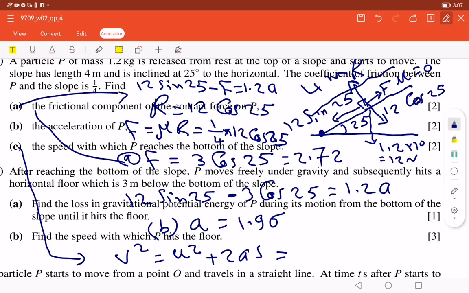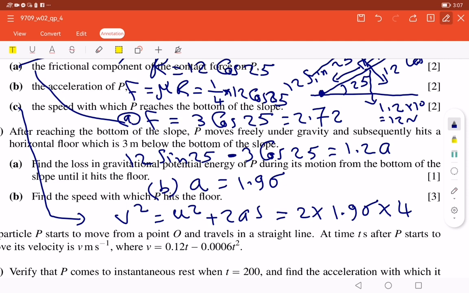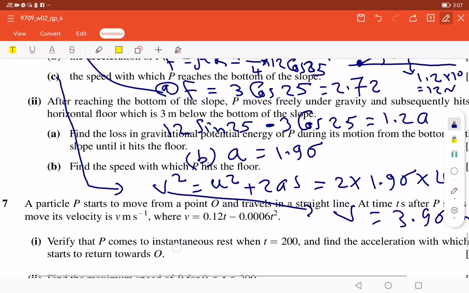So here V power 2 equals 2 multiplied by 1.96, the value of the acceleration, multiplied by 4, the value of S. By taking the square root of both sides, we can say V equals 3.96 meters per second, corrected to 3 significant figures. It's okay.